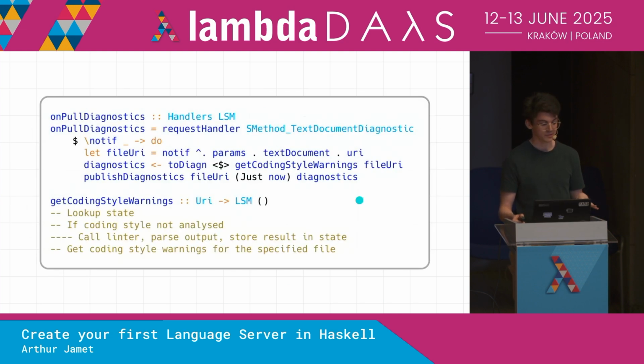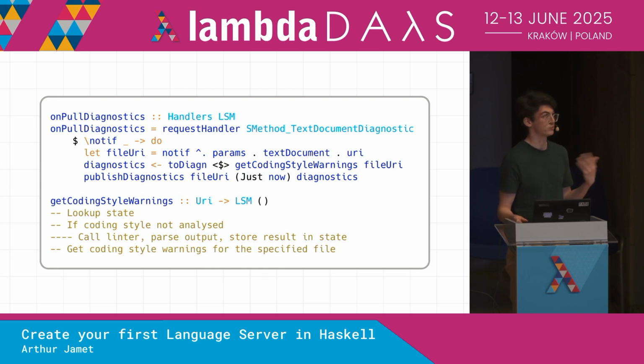Another example is when the client requests diagnostics for a given file. It's quite similar to what we just saw, except that here it's a request handler, so we have to send something back. The request comes with a payload which contains the URI of the file that we want to get the diagnostics of. And for that, we use the internal state to see if we had already called the linter on that file.